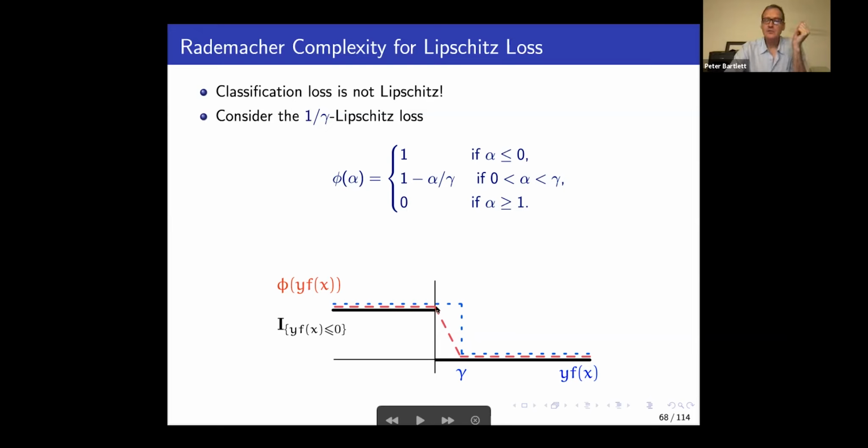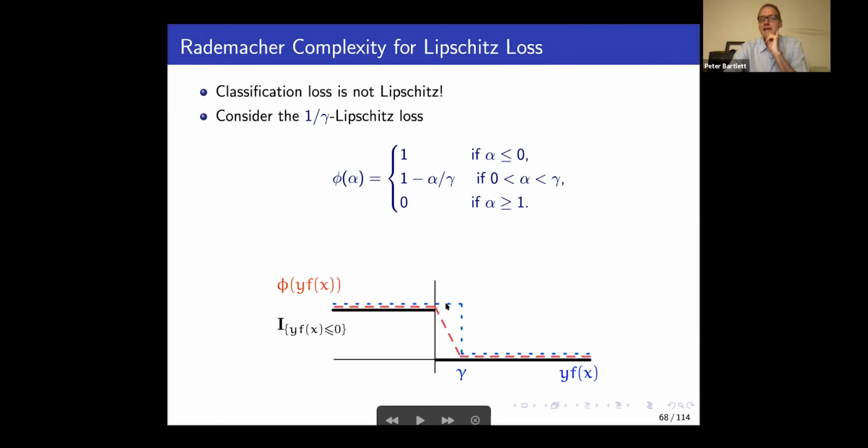We've designed this red line, and this is a trick introduced by Koltchinskii and Panchenko. We've introduced this red line as a Lipschitz loss function that's everywhere at least as big as the indicator, the mistake function, right? And that Lipschitz loss is 1 to the left of 0, it's 0 to the right of gamma, and it's piecewise linear.